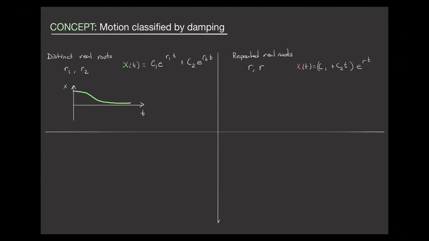If we go ahead and we graph this, it's going to look very similar to the distinct real roots, but I'm going to try to make it seem like it drops off faster. So they look similar, but there's a faster drop off in this case.